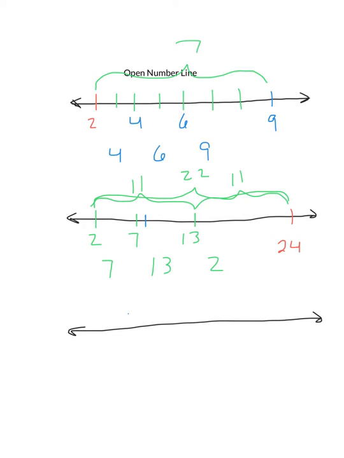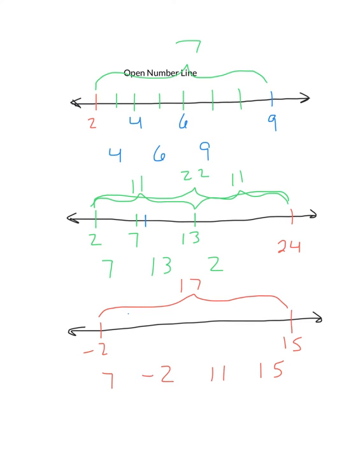Now, let's look at it the other way it can be given to you. What if somebody gave you the numbers 7, -2, 11, and let's say 15? Well, again, on an open number line, the question you have to ask yourself, well, what's the smallest value? Well, the smallest value I have is -2. What's the largest value? The largest value I have is 15. Again, if I want to think about the difference between those two, what is the difference between -2 and 15?